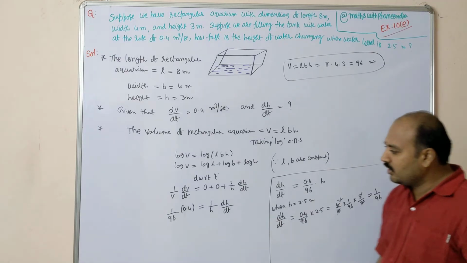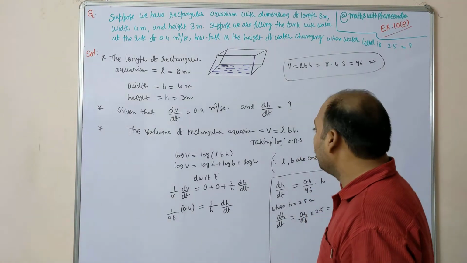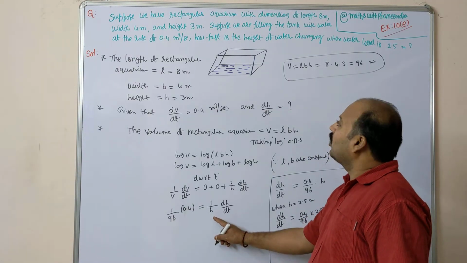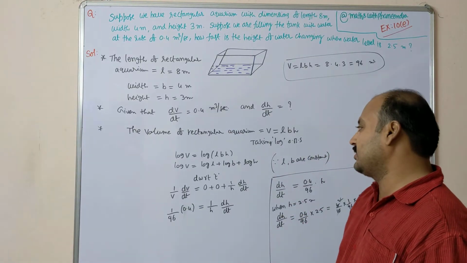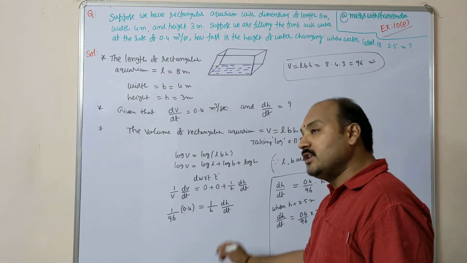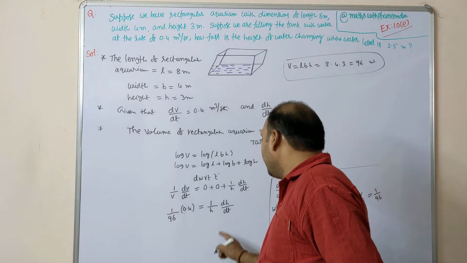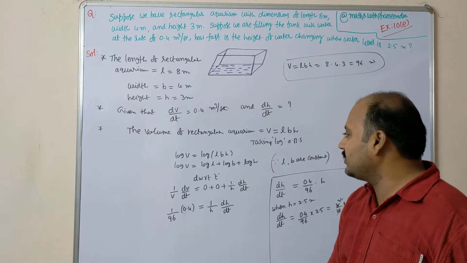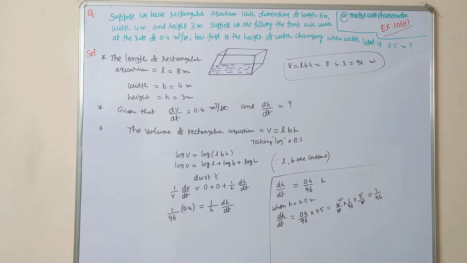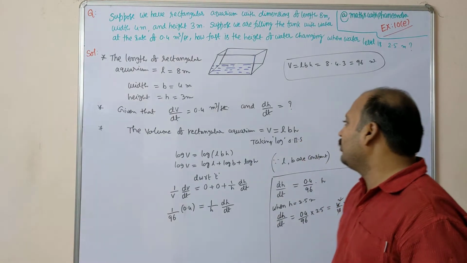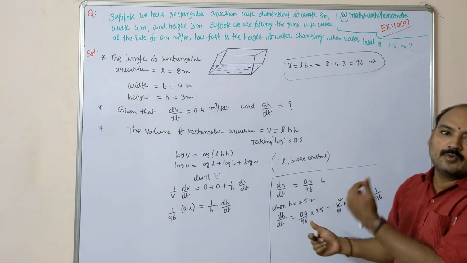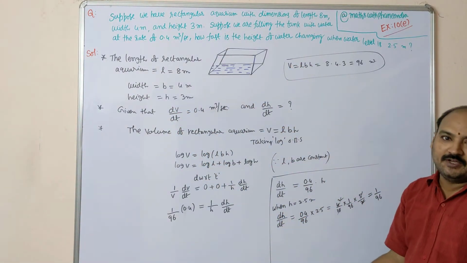So one more information. Here we can take that normal H value only, dear students. Why? Because this H is different, dH by dt is required. Here 1 by H. Dear students, here you remember, according to H is equal to 3 you will get the textbook answer like 1 by 80.